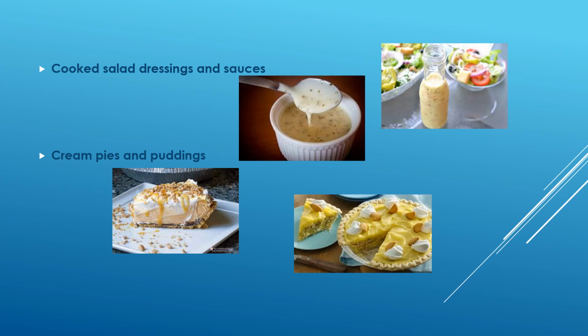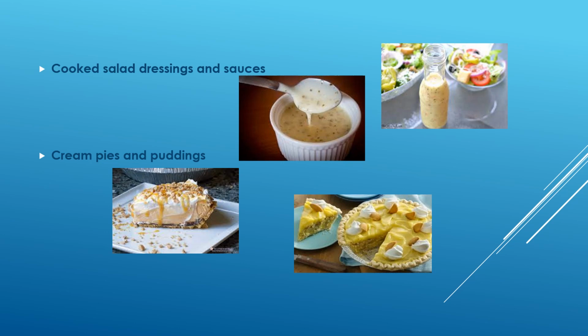So basically, the gelatinization of starch occurs in the beginning, and then to facilitate that thickness, the egg is added, and the egg protein makes the salad dressing more thickened.